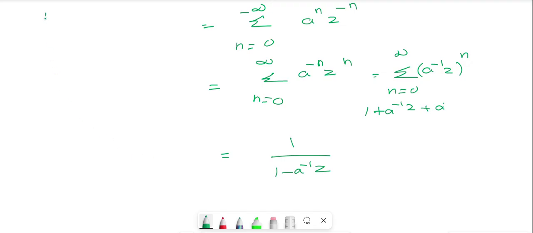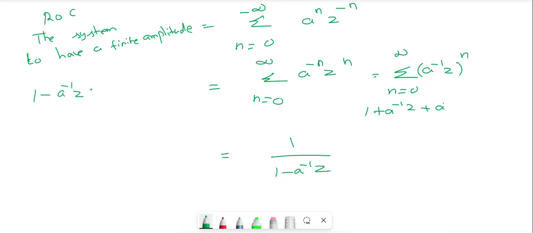Again for ROC, in order for the system to have a finite amplitude, 1 minus a inverse z should be greater than 0, so a inverse z is less than 1, so z by a, or z is less than a.